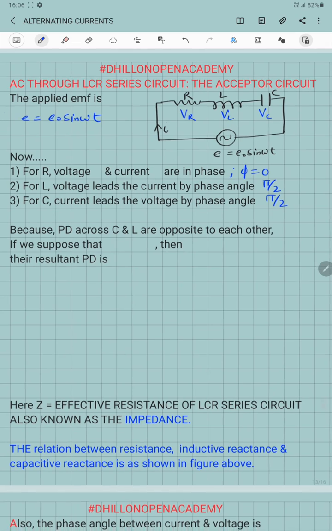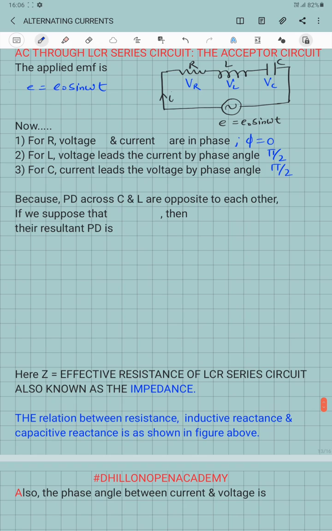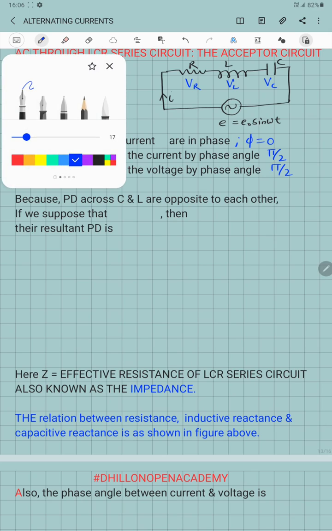Now, this we can also represent on a phasor diagram for all three elements of the LCR series circuit. This can be done like this.